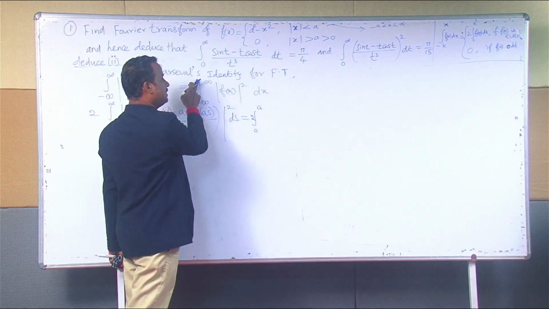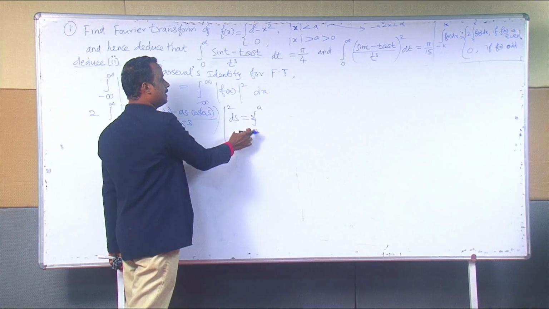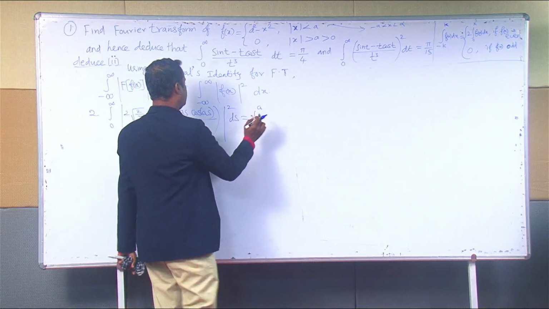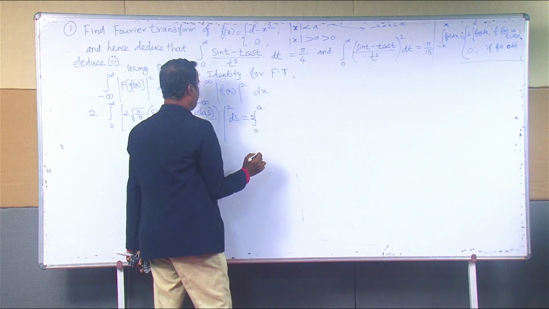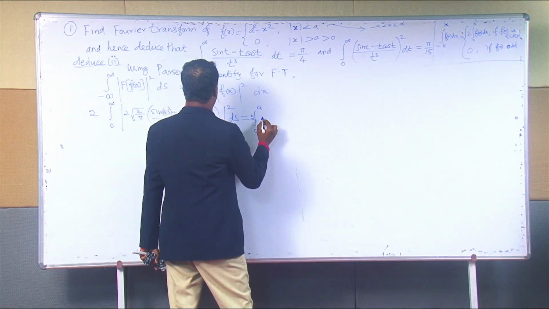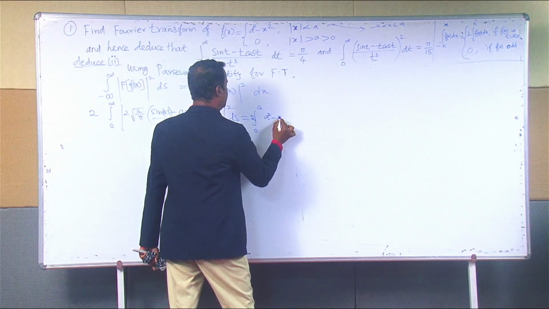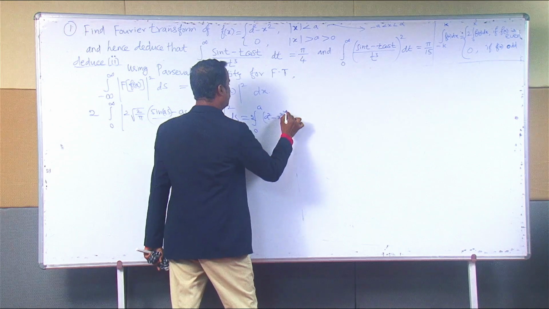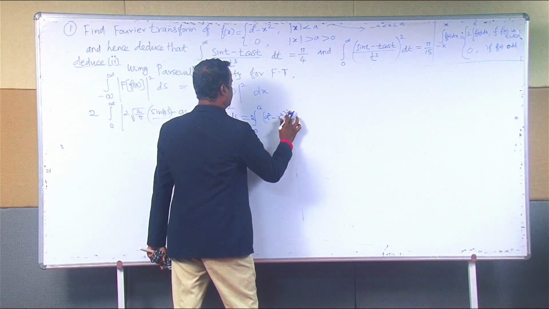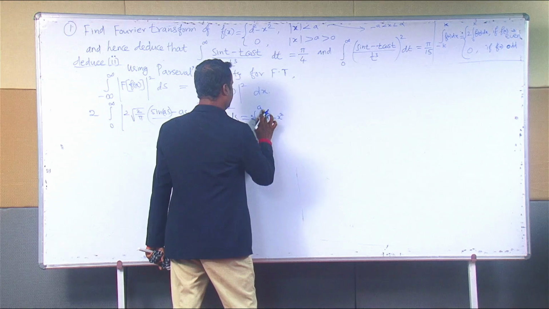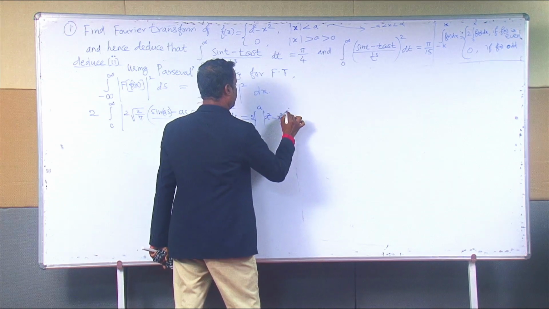If it is minus a to plus a, it's an even function, so 2 times of integral 0 to a, a square minus x square the whole square, modulus the whole square ds.